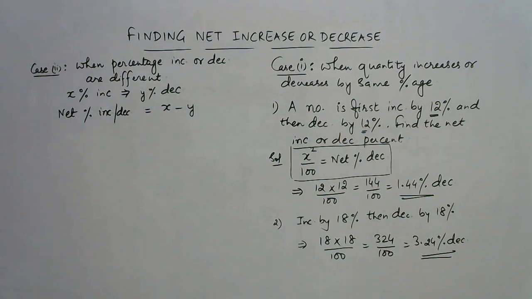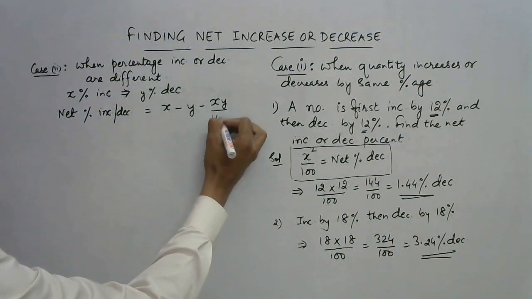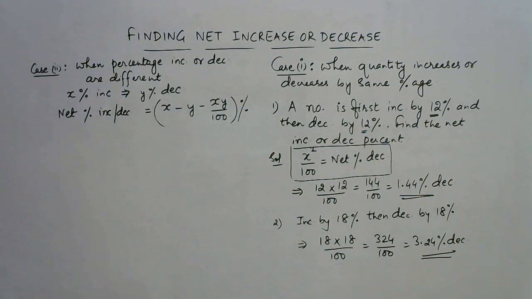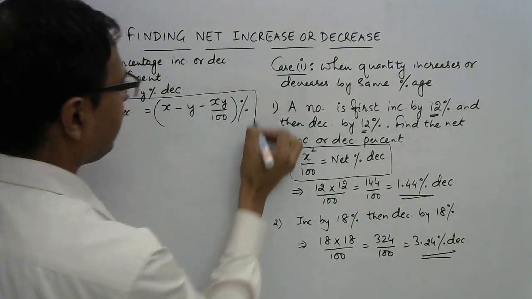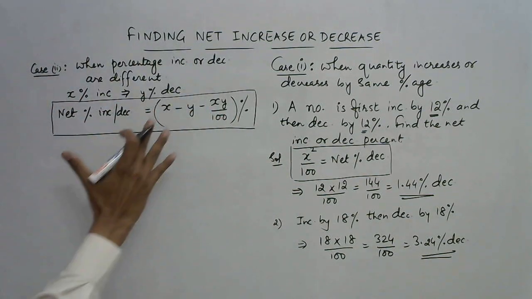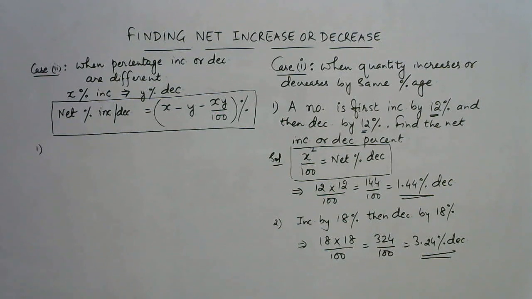So if you take the difference, you can get a positive answer or a negative answer, minus xy upon 100, and this answer will come in percent. Now this is the important short trick to remember when the percentage increase and percentage decrease are different. Now let's take a question so that we can understand this in a better way.